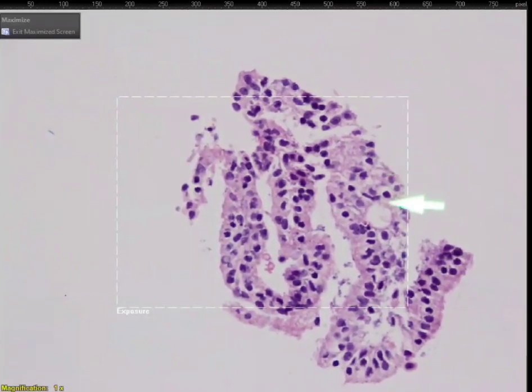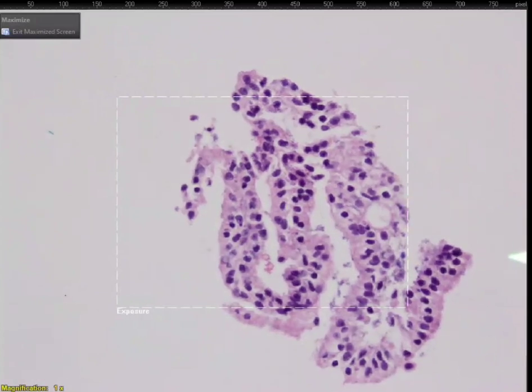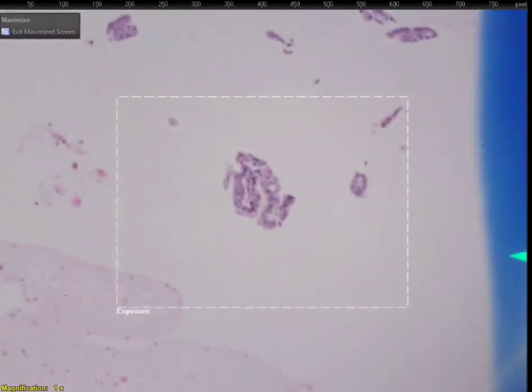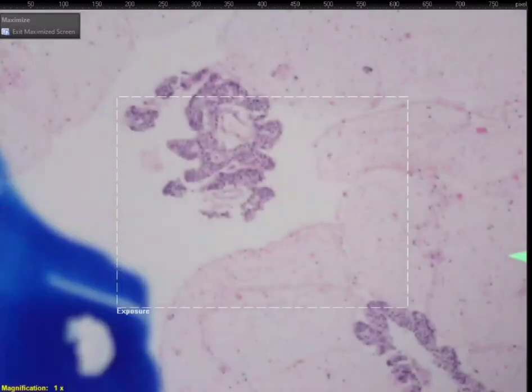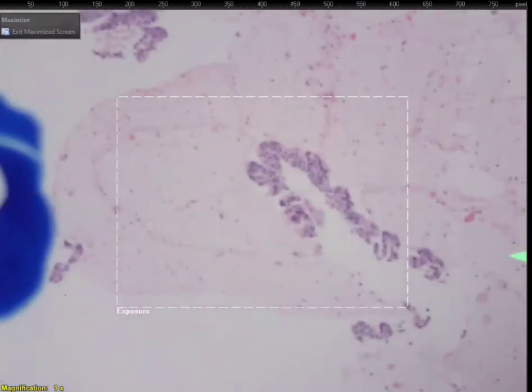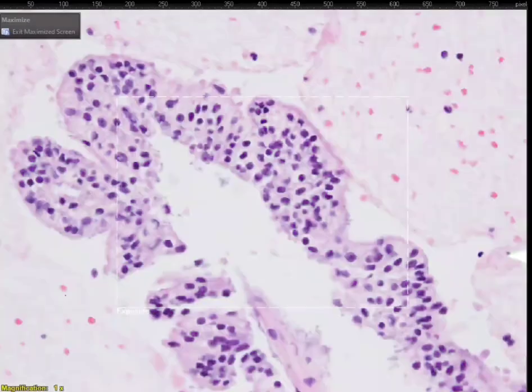In some areas it does look a little bit clear, some areas more eosinophilic, granular. So I would add to the metastasis that Dr. Mushtaba suggested the clear cell carcinoma, kidney, and they can kind of look like a papillary, glandular-ish looking.